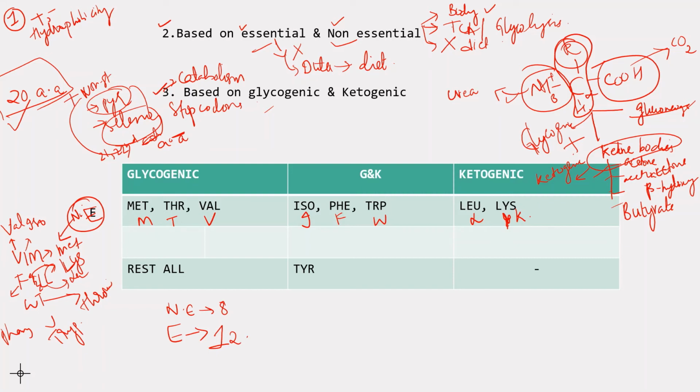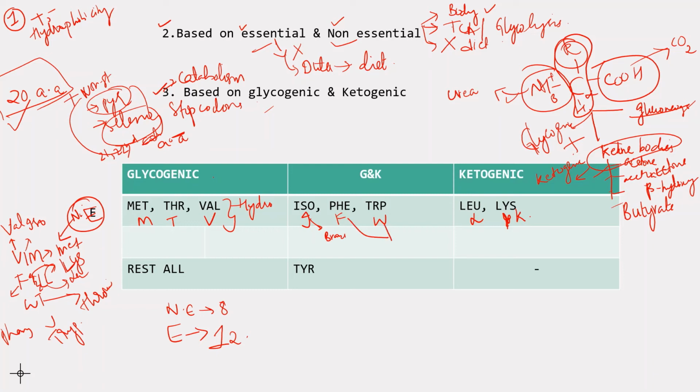Now when we look at the glycogenic and ketogenic, we see that methionine, threonine and valine, all 3 of them, are glycogenic. And if we look at both glycogenic and ketogenic, isoleucine is branched.